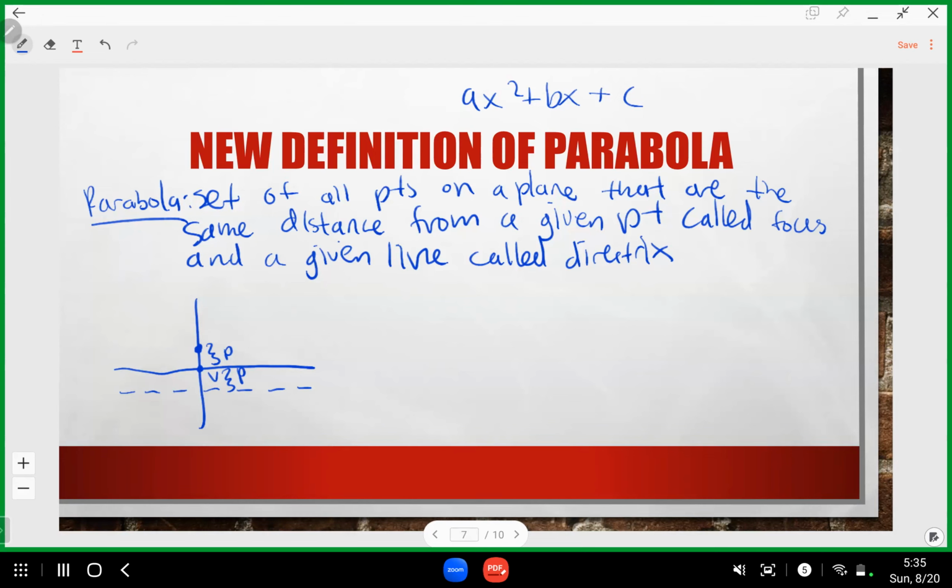So we have an arbitrary point P here. This is kind of what our parabola looks like. The point P passing through this parabola is equidistant from the focus and the directrix.